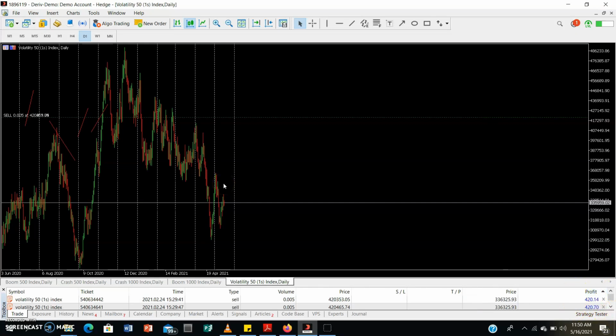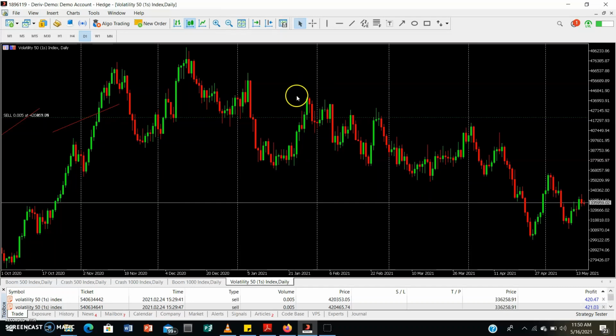This is the daily time frame. It's a very good analysis, and as you can see, it has some profits running right down here. So this is just a flex, so to speak, but we took a sell coming down from this peak.